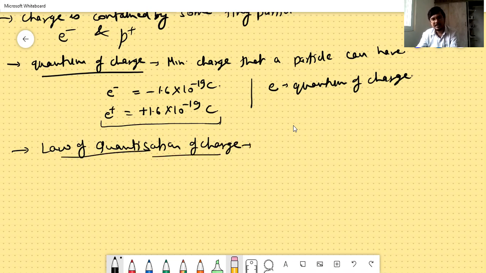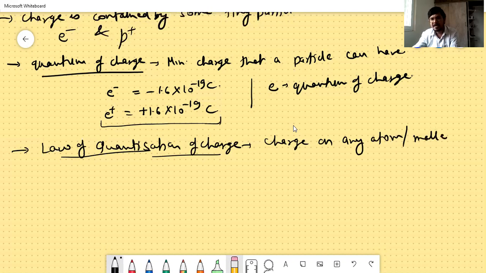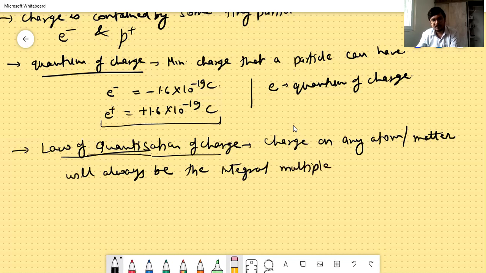It says that charge on any atom or in any matter will always be an integral multiple of the quantum of charge.